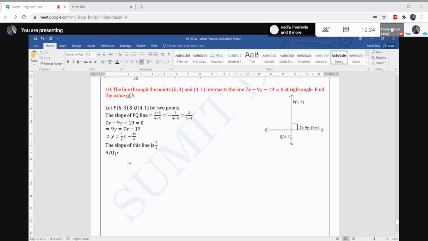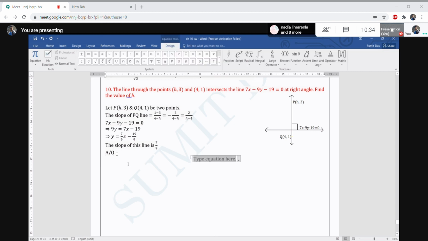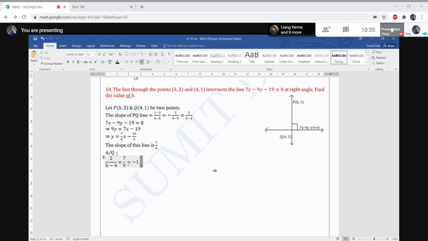As per the question, 2 divided by h minus 4 multiplied by 7 by 9 is equal to -1. Next line, if you simplify this one, you will get 14 divided by 9h minus 36 equal to -1.